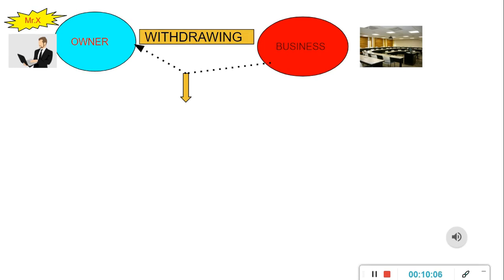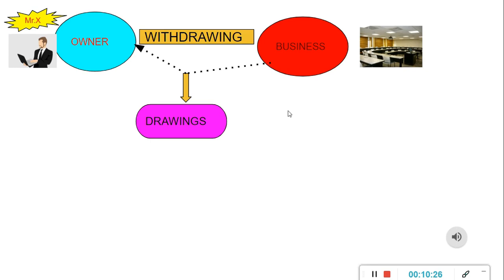That is his personal use only, right? Paying fees is a personal purpose. So in accountancy, we call this process drawings. A word we are using there. What is it? Drawings. Withdrawing something for our personal use.